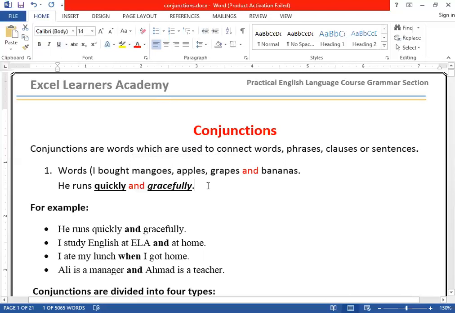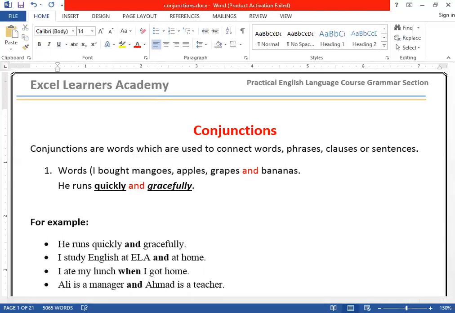Number two, conjunctions are used to connect phrases. You can also connect two phrases together. We understand what phrases are because we have already studied that phrases are groups of words. A phrase does not have a subject and verb, and it does not give us complete meaning.